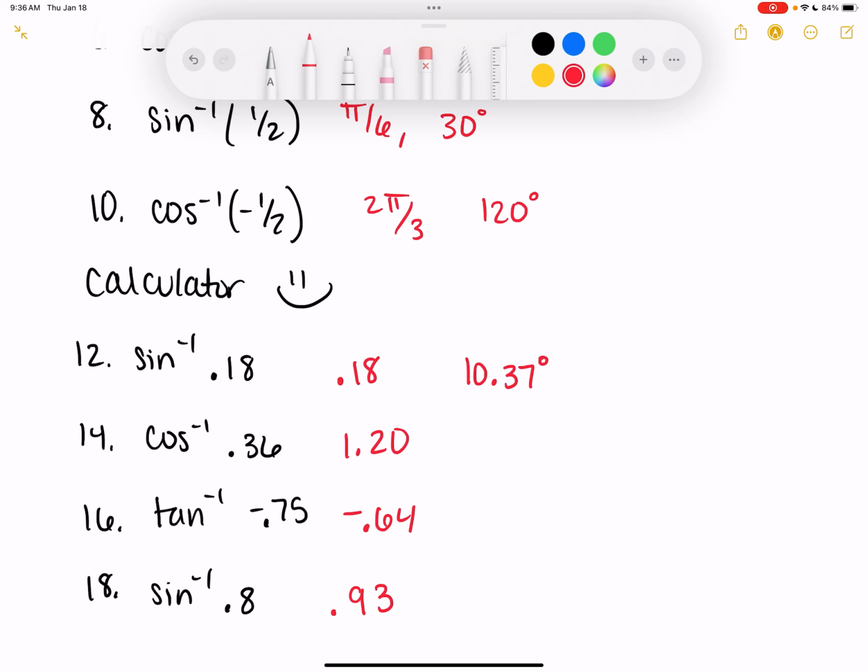Inverse cosine of 0.36. Inverse tangent of negative 0.75. 36.87. Inverse sine of 0.8.